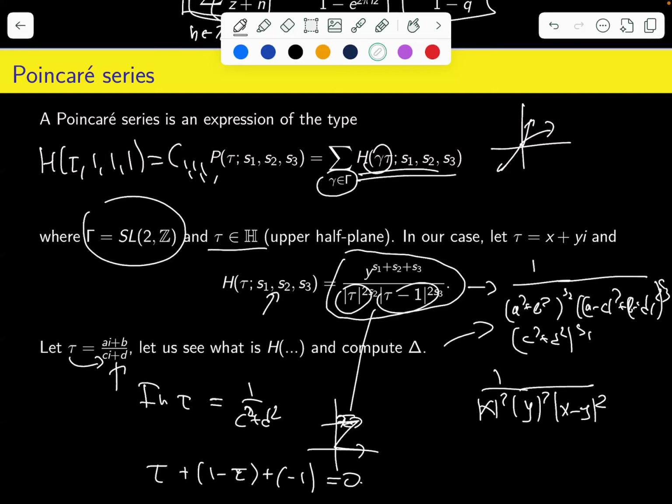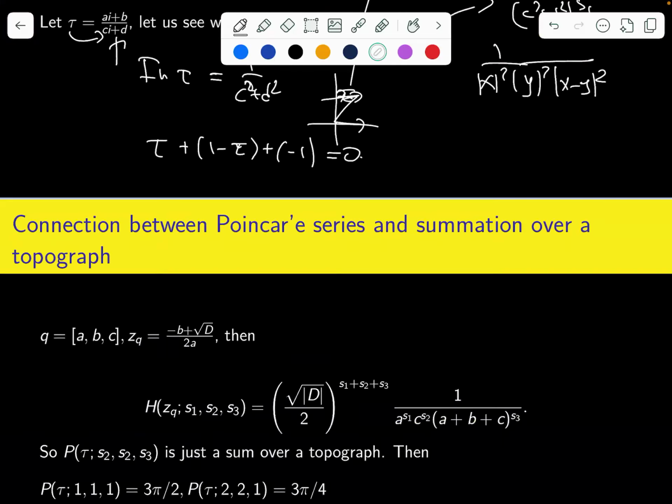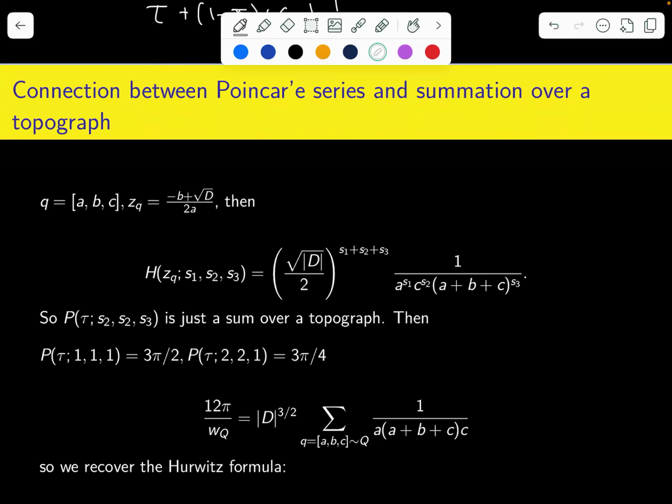Okay, and so what was the connection between topographs and Poincare series? What we have seen in the previous lecture is that if you have a quadratic form Q, ax squared plus bxy plus cy squared, you can consider the root of the equation az squared plus bz plus c equals 0. It has this root.